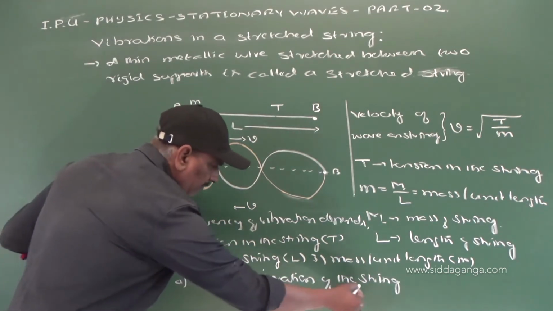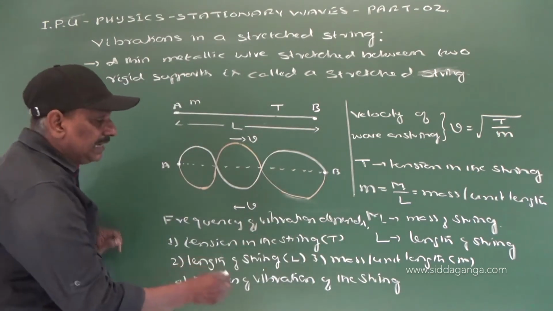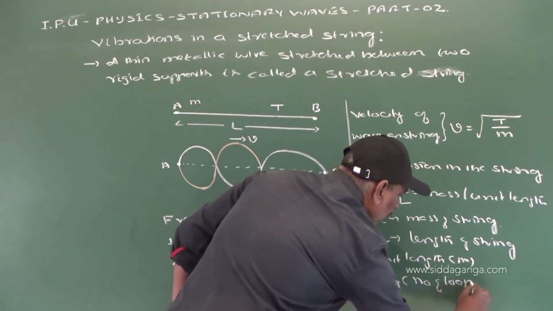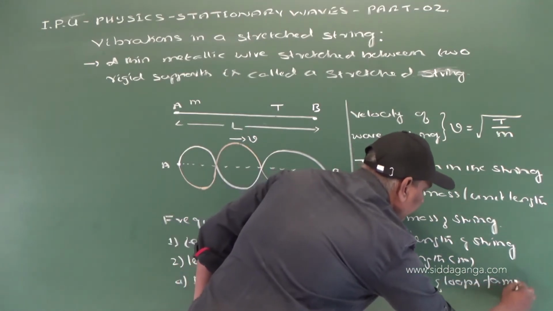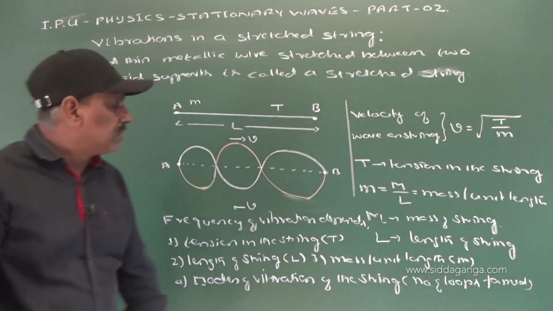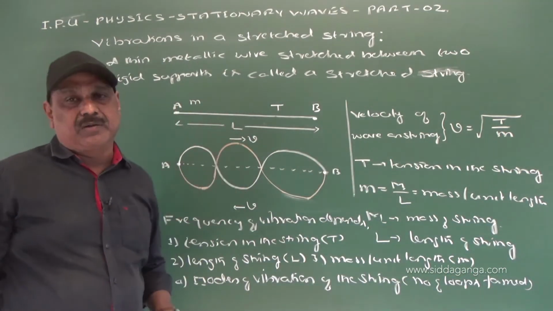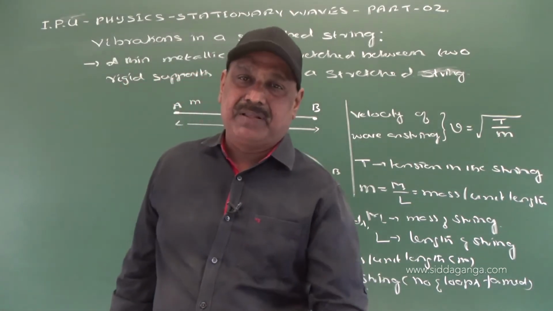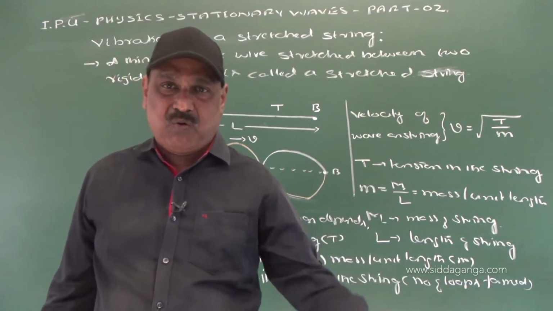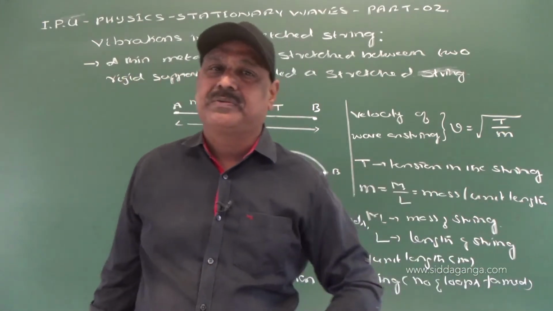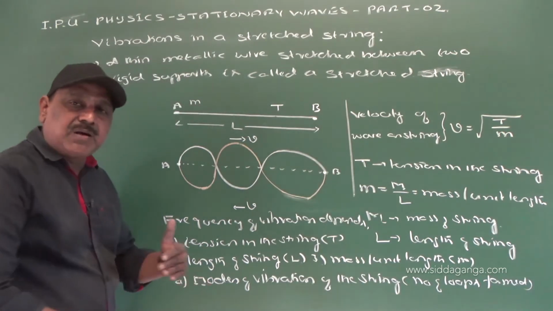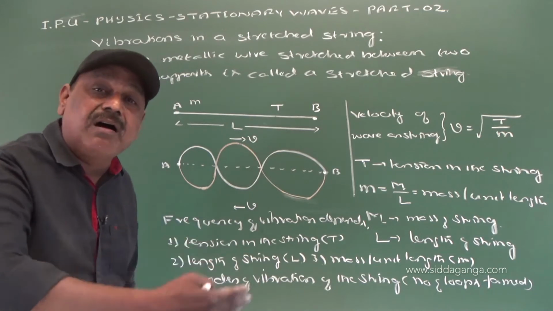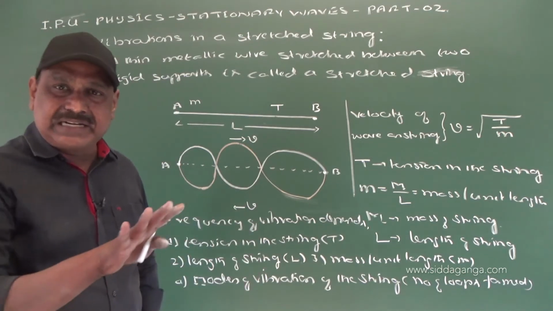The modes of vibration in the string depend upon the number of loops formed. It may vibrate with one loop, two loops, three loops, four loops, or n loops. When the number of loops changes, we say there is a change in mode of vibration. Is that clear?